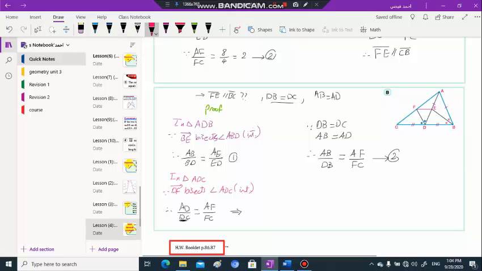So from 1 and 2 we have a common ratio, which is AB over DB.